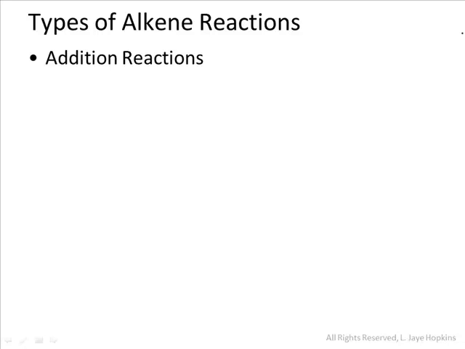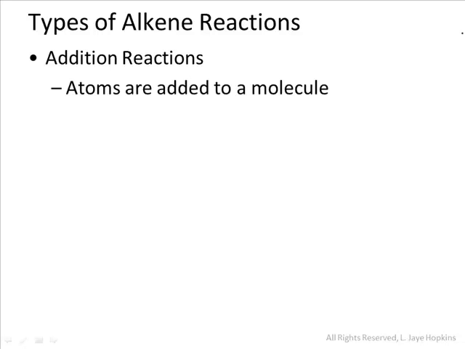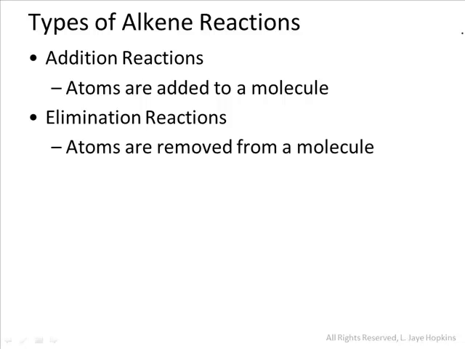Addition reactions happen whenever you have a double or a triple bond, and you break that bond in order to add new atoms to the molecule. You can also reverse that process. We'll see that you can do what's called an elimination reaction. An elimination reaction happens when you remove atoms and you use the electrons that were used in the bond to those atoms to create double or triple bonds.